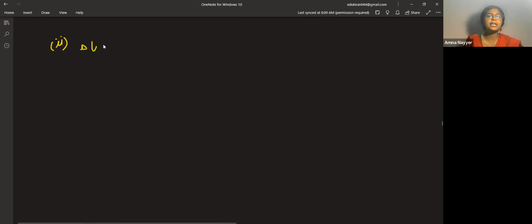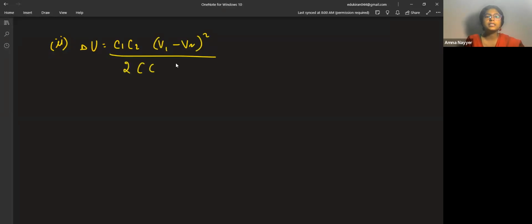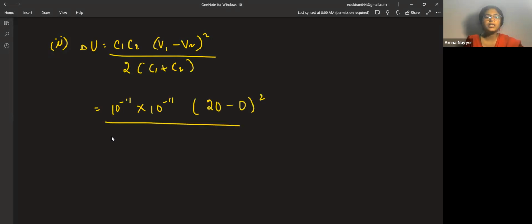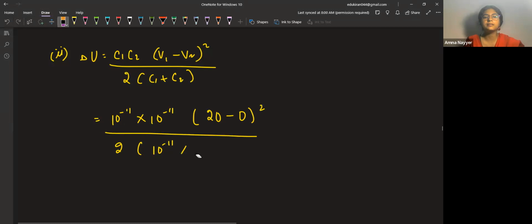C1 is 10 to the power minus 11, C2 is 10 to the power minus 11, V1 was 20, V2 was 0. In the denominator, 2 into 10 to the power minus 11 plus 10 to the power minus 11.